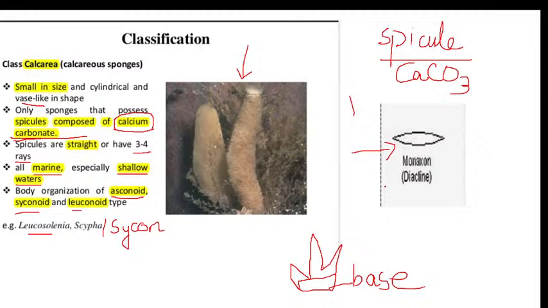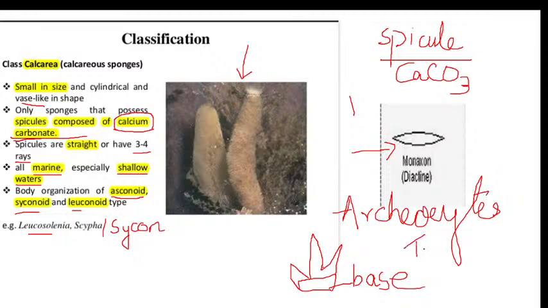Then Sycon reproduces asexually and sexually by the sperms and ovum from the archaeocytes. Archaeocytes are actually totipotent cells. Totipotent cells are cells that can differentiate into any type of cell.